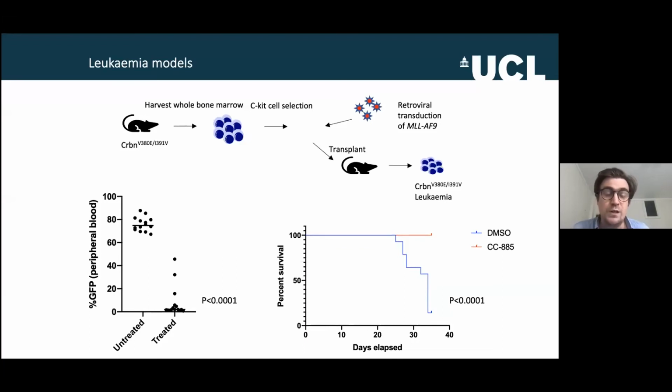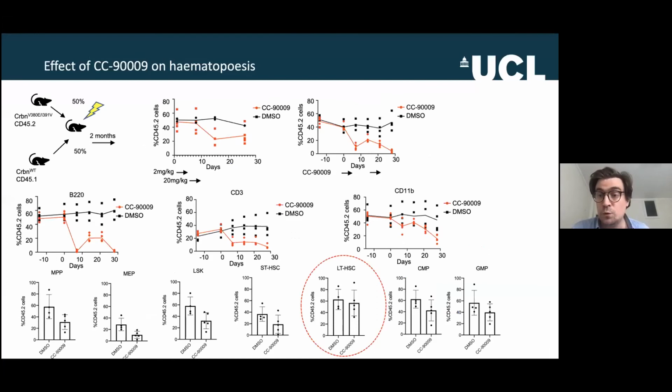So we've gone on and recapitulated much of this data with leukemia and CC90009, but of interest, we wanted to know what the effects on normal hematopoiesis were. So this is an experiment that Adam Sperling performed, and this is a bone marrow chimera between CD45.2 double knock-in and CD45.1 wild-type cells, followed by treatment with CC90009.